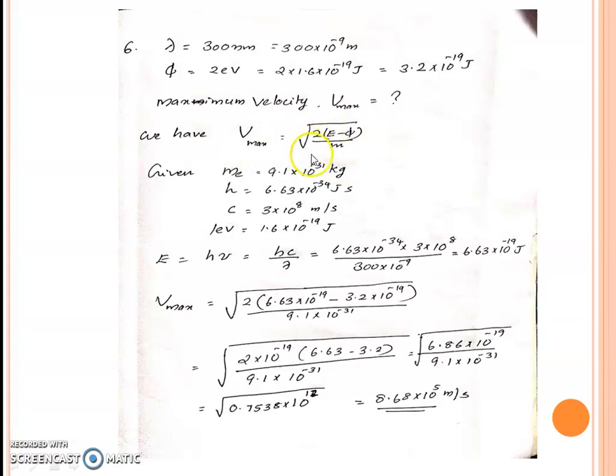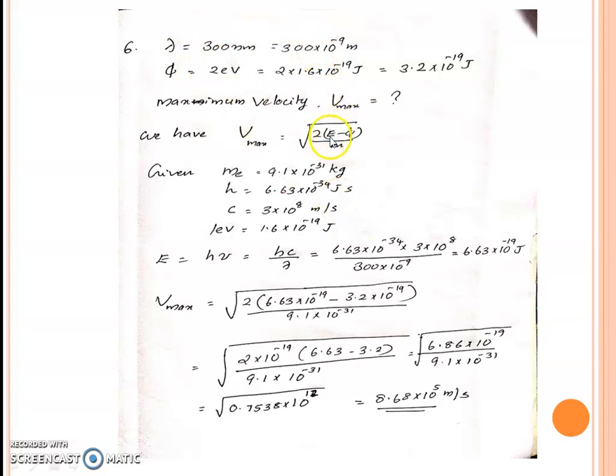Now, let us calculate the maximum velocity of the ejected electrons. For this, we use the equation V maximum equal to root of 2 into E minus phi by m. E is the energy of the photon, phi is the work function and m is the mass of the electron. Phi is given, m is also given, but E is not given directly. Therefore, we should calculate the value of E using the given data.